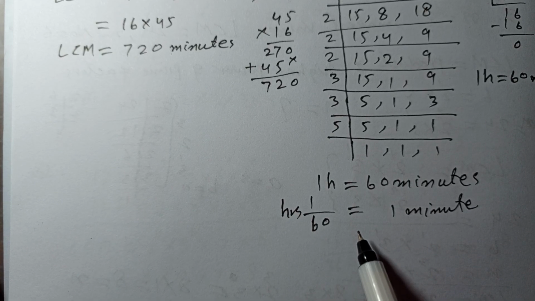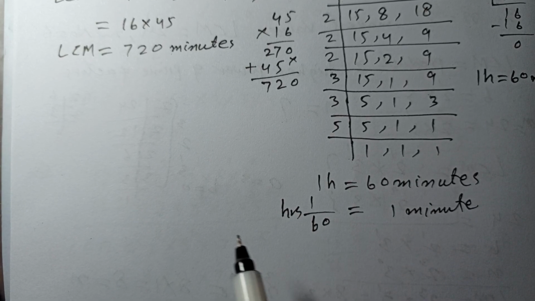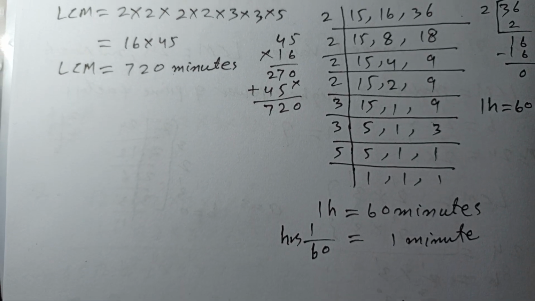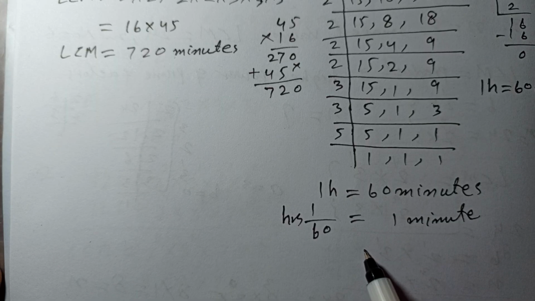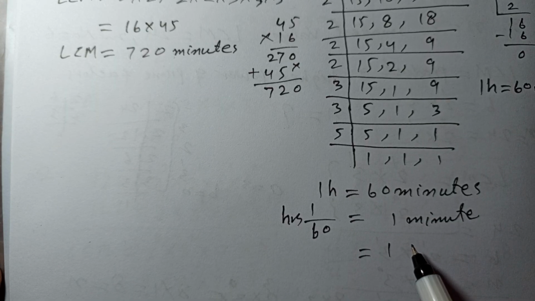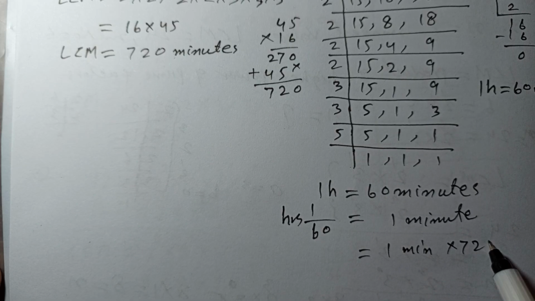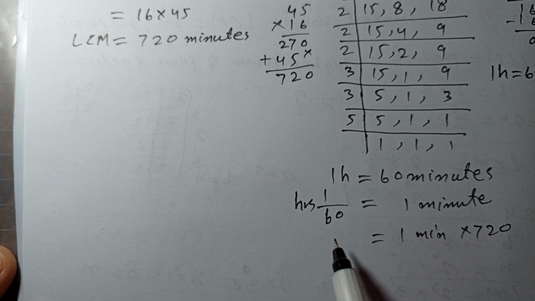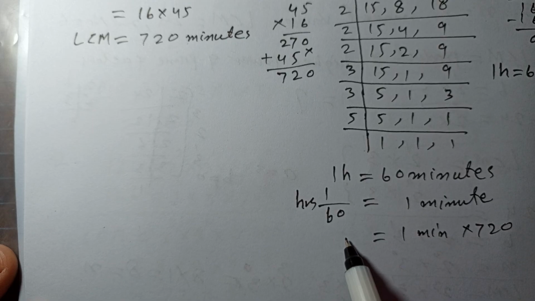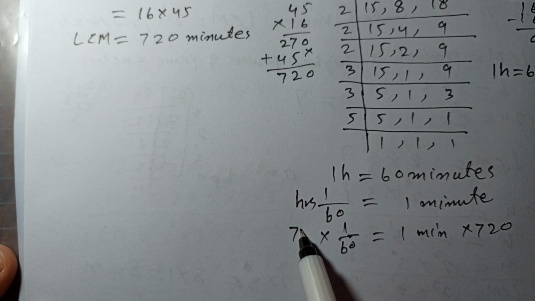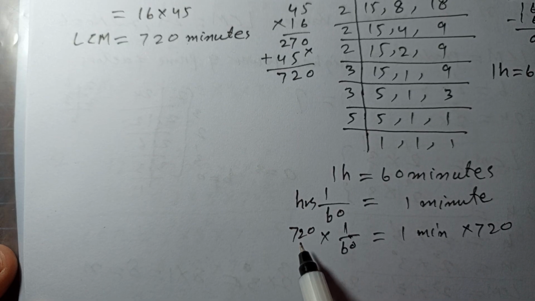Dear student, it means that to get 720 in hours, we should multiply this 1 minute by 720, and we also have to multiply 720 on the other side. 1 over 60 will also be multiplied by 720.